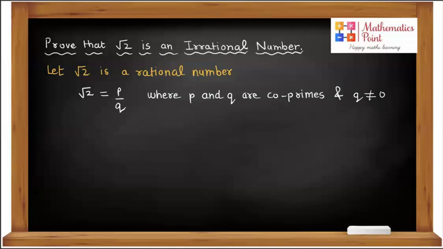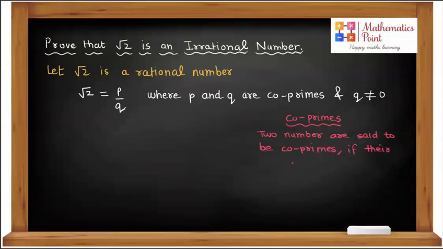So you must also know what are the co-prime numbers. Two numbers are said to be co-prime if their only common factor is 1.